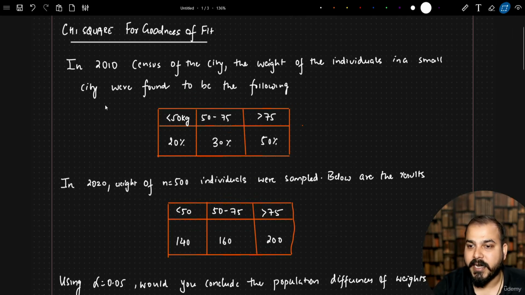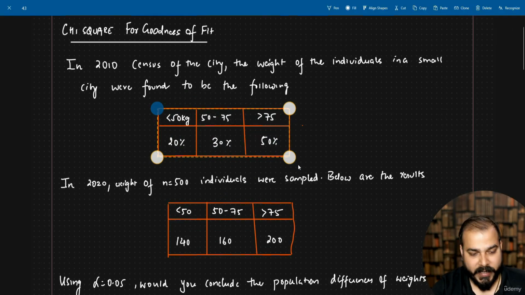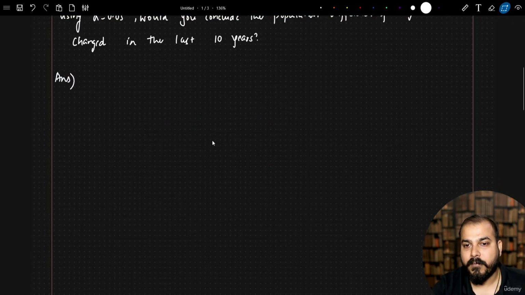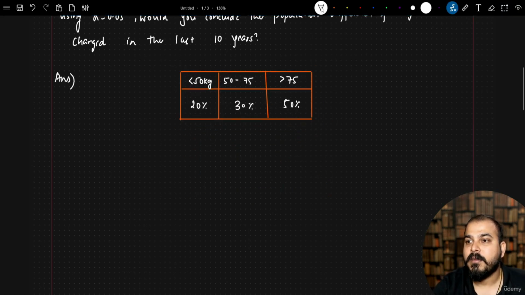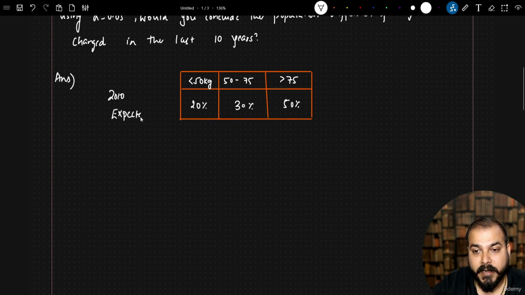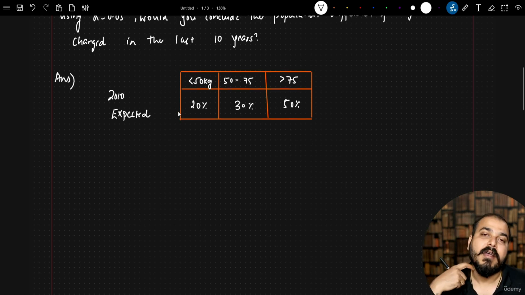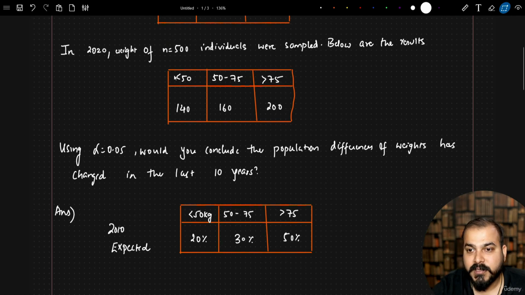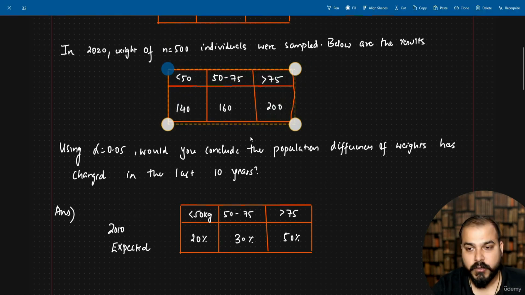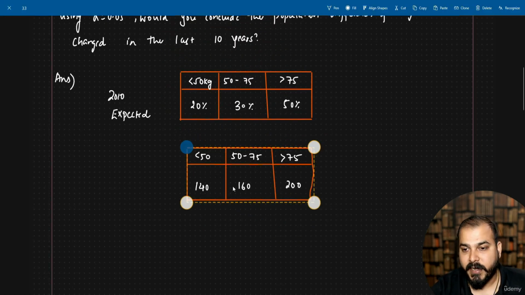First of all, I will take this data. This is my 2010 data. So let's go ahead and write it down over here. This is nothing but my 2010 data, and this data I will say as expected data. This is the original data or population data that we have. Now coming to the next one, which was this sample data, we usually say it as observed data.